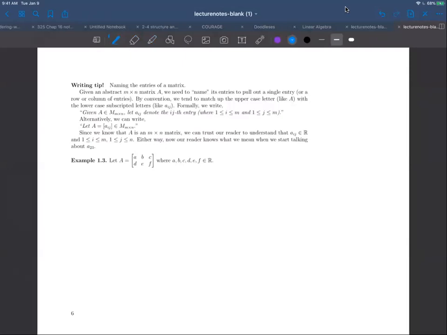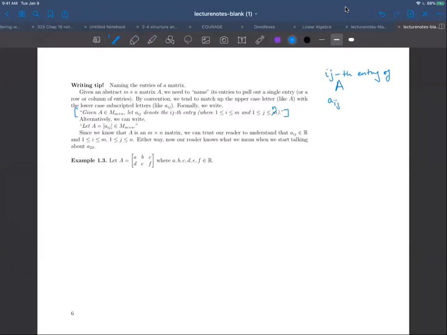So if I'm trying to write something like the ijth entry of A, and I just write down Aij, I need to tell my reader that Aij means the ijth entry of the matrix A. So I might say something like, in this italicized text here, given A an M by N, let Aij denote the ijth entry where 1 is less than or equal to i is less than or equal to M. So i is telling me how many rows I have. And 1 is less than or equal to j is less than or equal to, oops, that's an N, right? And j is telling me how many columns I have.